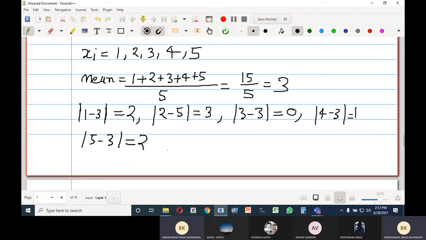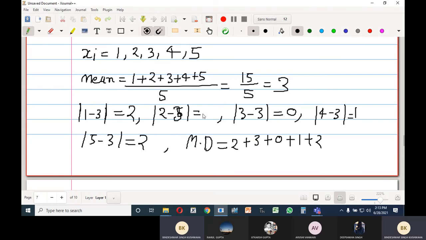And what will happen if you want to calculate mean deviation? You will add them up. So 2 plus 3 plus 0 plus 1 plus 2. Am I right? 1 minus 3, 2. 2 minus, oh sorry, here I have made a mistake. 2 minus 3, it should be 1.